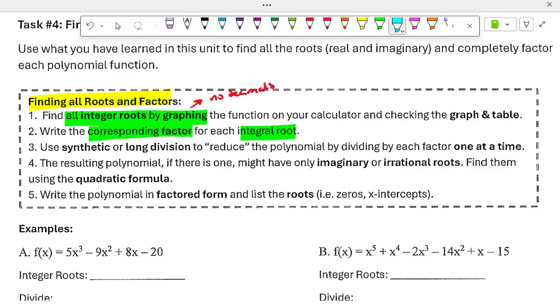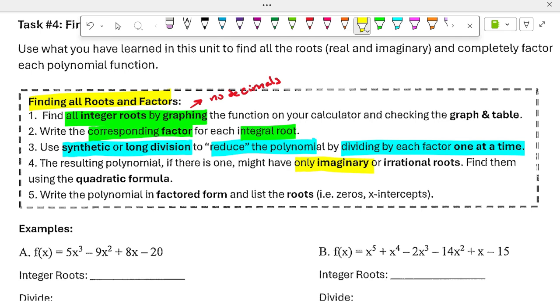Then, once we get at least one integer root, which typically there will be, you need to use synthetic or long division to reduce the polynomial. And you have to divide it by each factor one at a time. Now, whatever polynomial results in, it should be a quadratic.